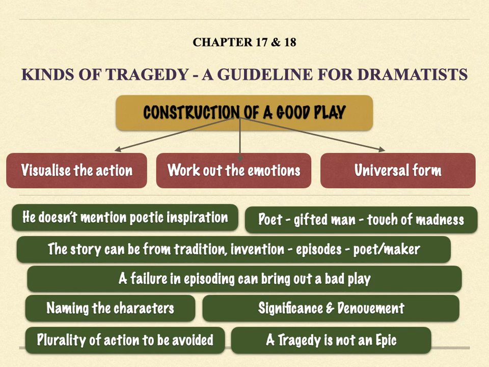Every individual, despite caste, creed, or culture, should be able to identify with the characters. Now, this is what he means by a universal form. So these are the three important elements that he talks about in relation to the construction of a good play.